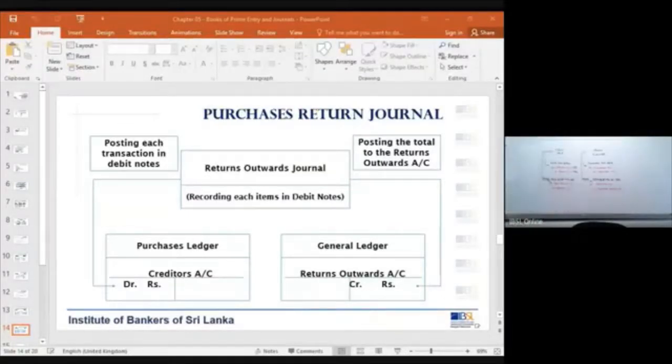Here the sales return also goes to the P&L because it is a reversal of the income. Your income will get reduced. Here it is again to the balance sheet. And here the purchases account is a P&L account, and here it is the balance sheet, and here it is the P&L.